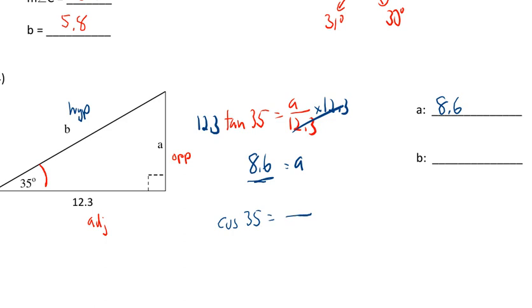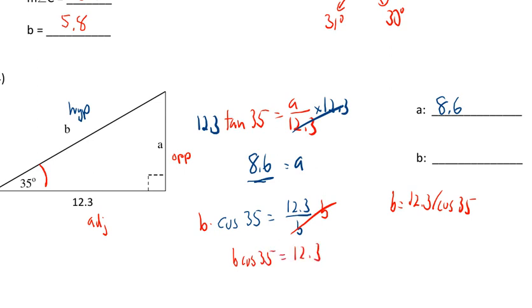Final answer is 12.3 divided by cosine 35. And if anybody needs a reminder, it's because we cancel out the denominator and then we divide by the cosine of 35 in order to get B by itself.